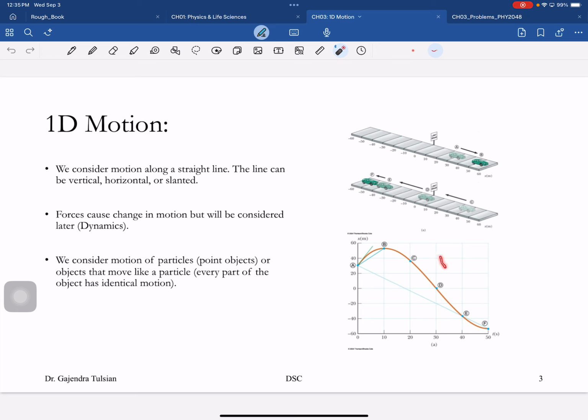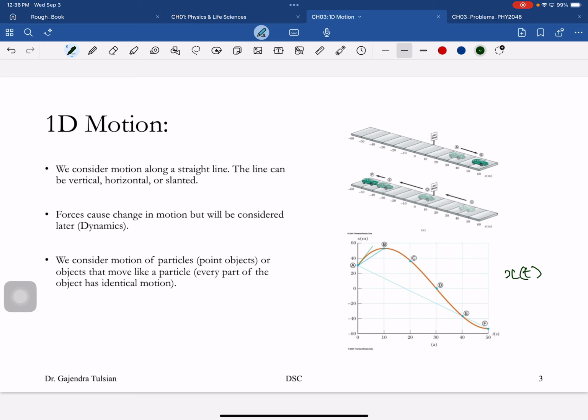You see, this graph is a complete description of this motion. When you are given a graph, you can figure out the position as a function of time.